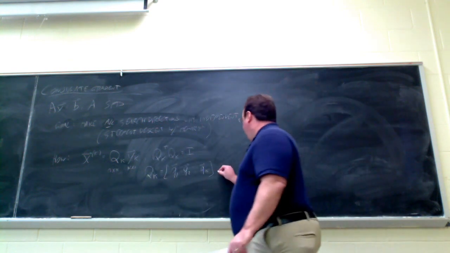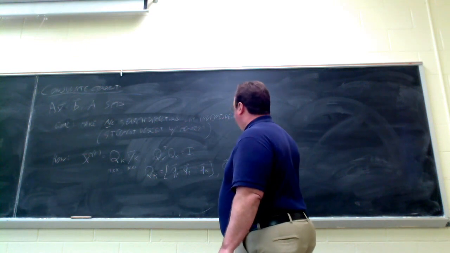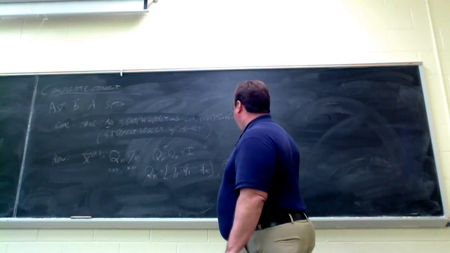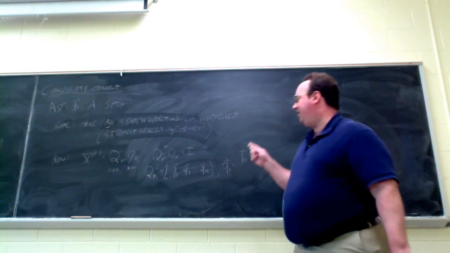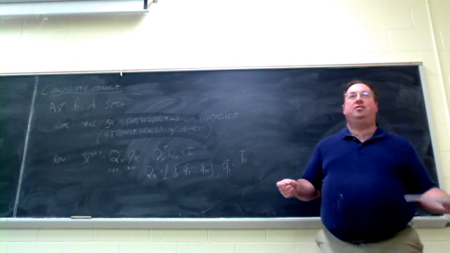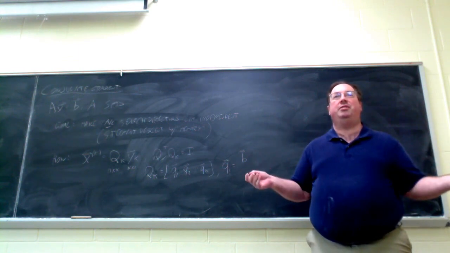And I'm going to define the first column, q1, to be just b from Ax equals b, the right-hand side. But I can't define it to be just b because these vectors are orthonormal, so they're orthogonal to each other, but what other property must they have if they're orthonormal?